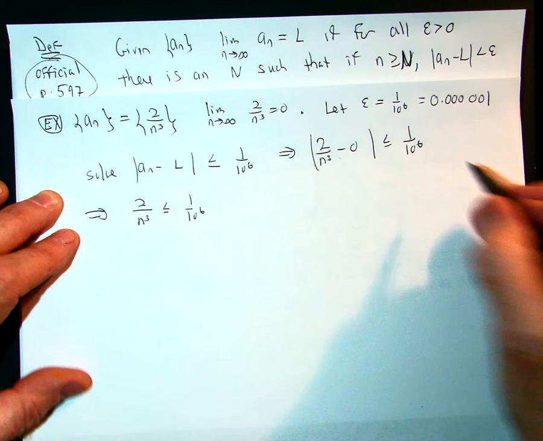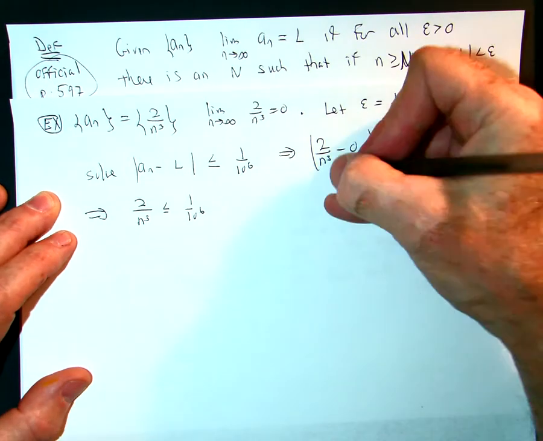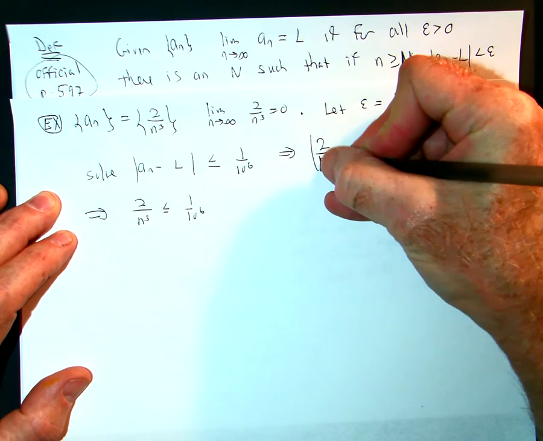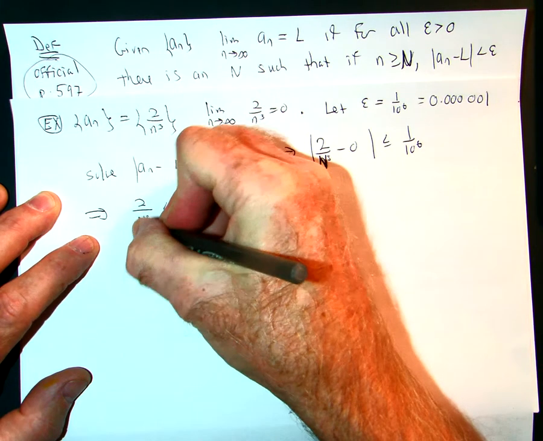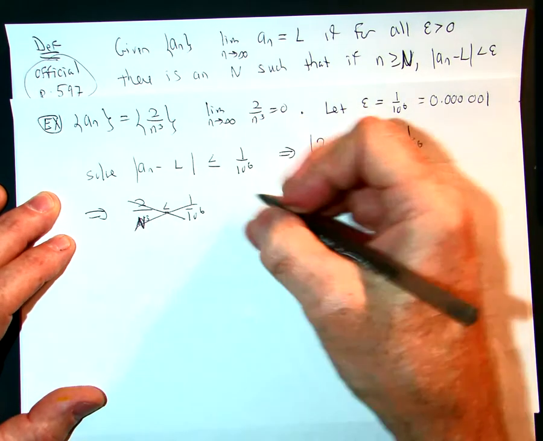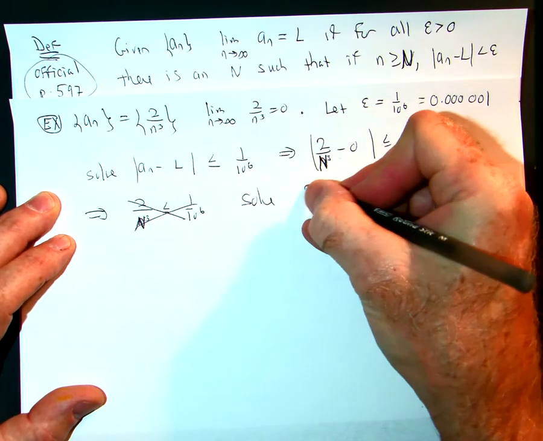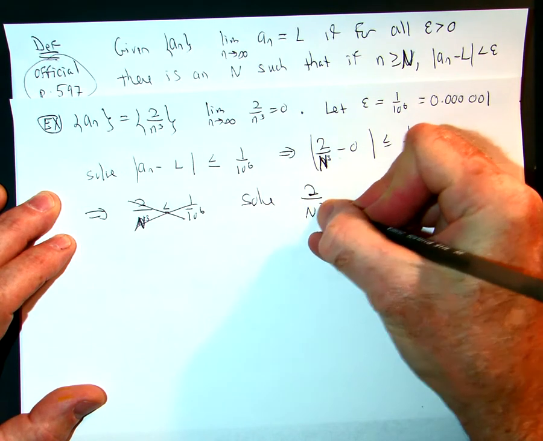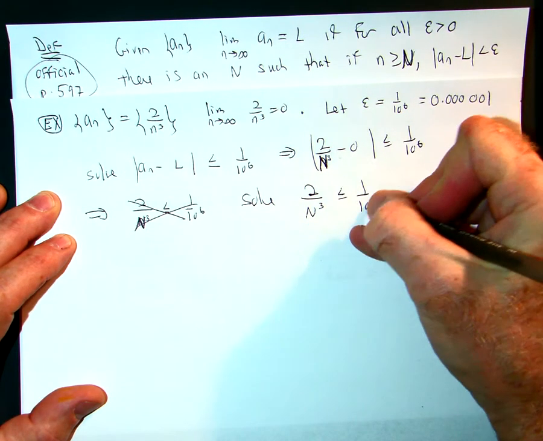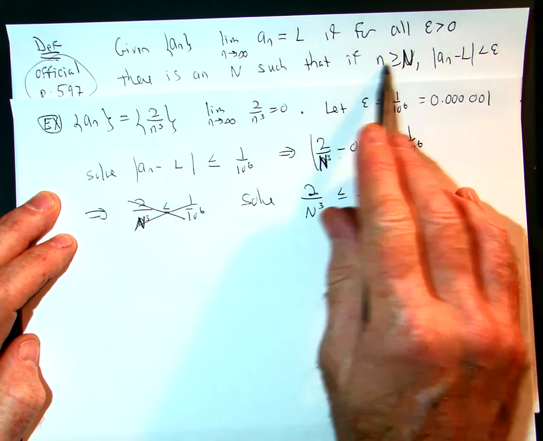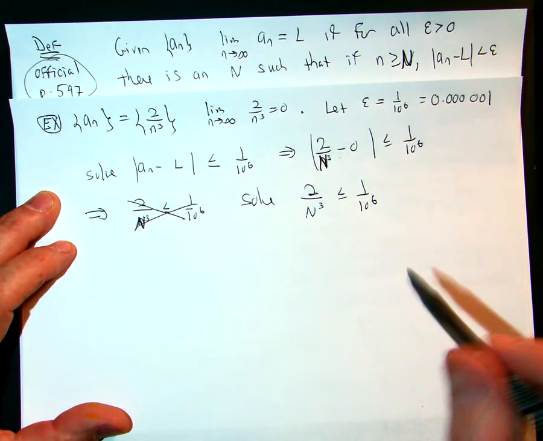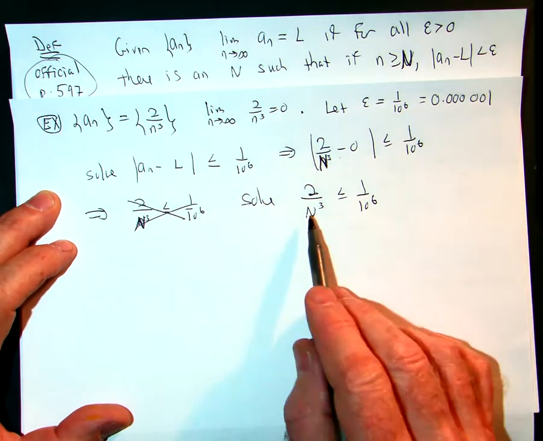Actually, I want to find this capital N, so what I'm going to do here is solve 2 over N cubed is less than 1 over 10 to the 6. That's going to give me this point N, such that whenever my little n is bigger than N, that's going to happen. So this is going to be the dividing line where this happens.